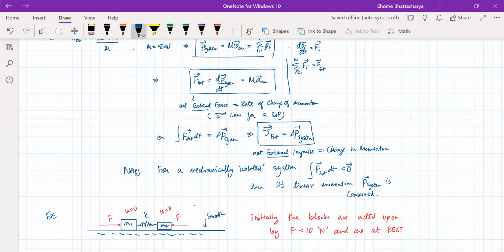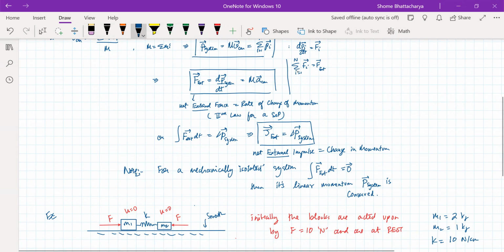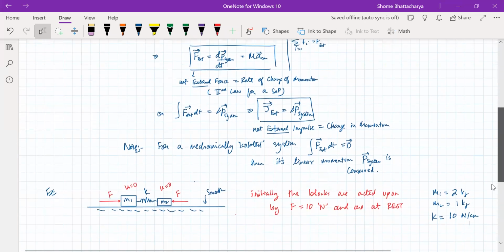Let's say the masses are given to us like this, and the spring constant is given to us as 10 newtons per centimeter. Now suddenly, simultaneously, both these forces are withdrawn. So both these forces are suddenly removed. So the blocks will start accelerating.